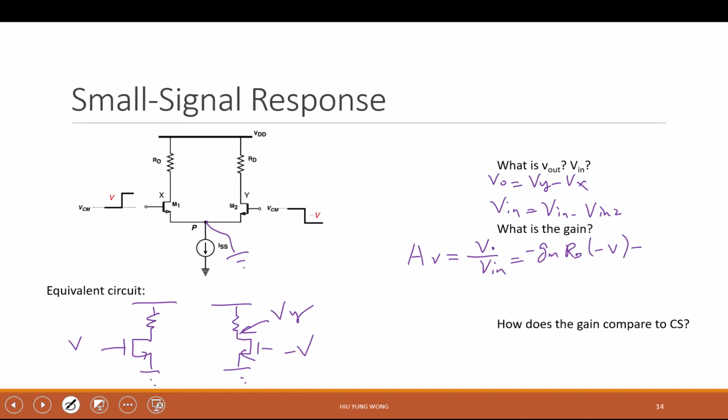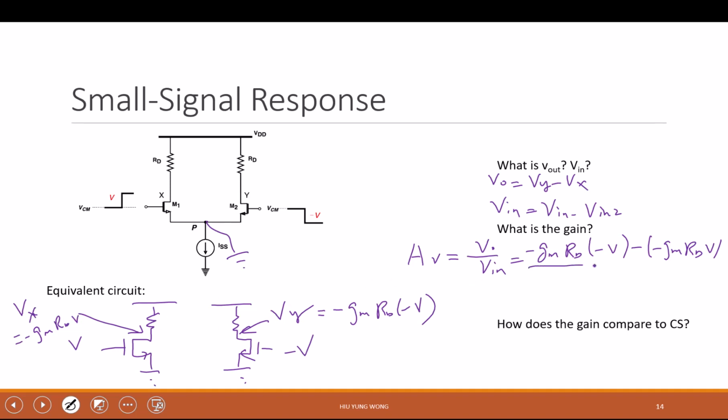And then what is Vx? Negative GM RD times V, right? So this is negative GM RD times negative V. And Vx is negative GM RD times V, right?